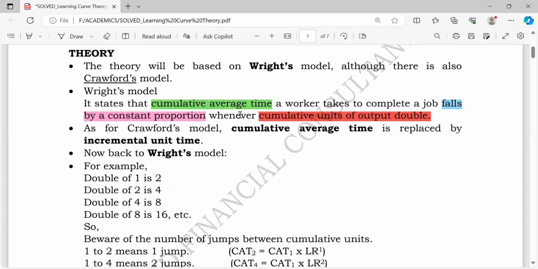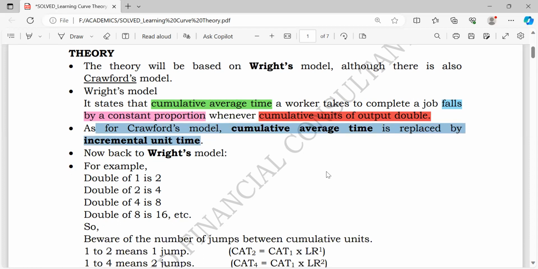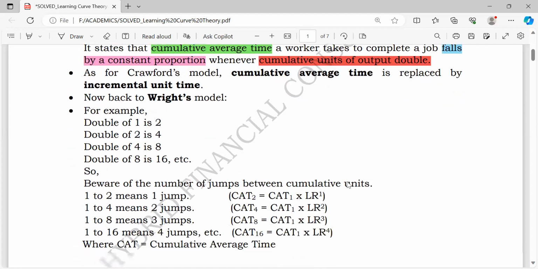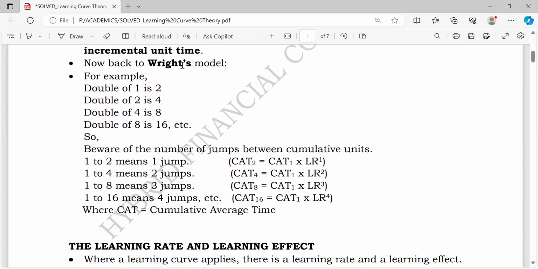As for the Crawford model, it is usually the opposite, but our focus here won't be on the Crawford's model. It is very different to the Wright's model. So let's focus on the method commonly used in exams, which is the Wright's model. All right, so back to Wright's model.